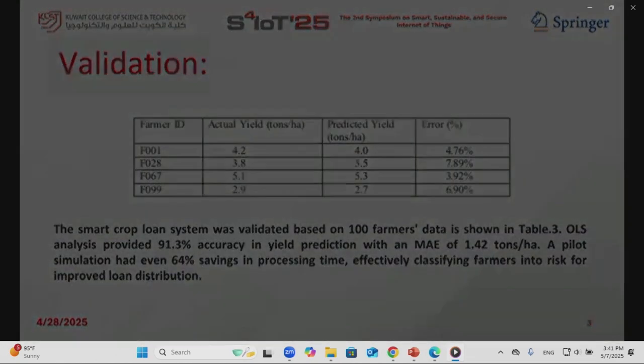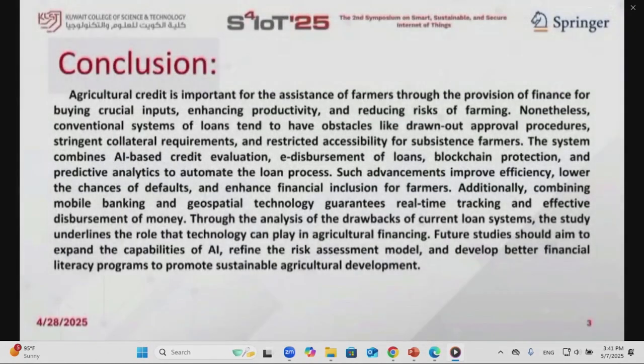Coming to the conclusion, agriculture credit is important for the assistance of farmers through the provision of financial backing, crucial inputs, enhancing productivity and reducing the risk for farmers. Conventional loan systems tend to have obstacles like lengthy approval procedures, strict collateral requirements, and restricted accessibility for subsistence farming.